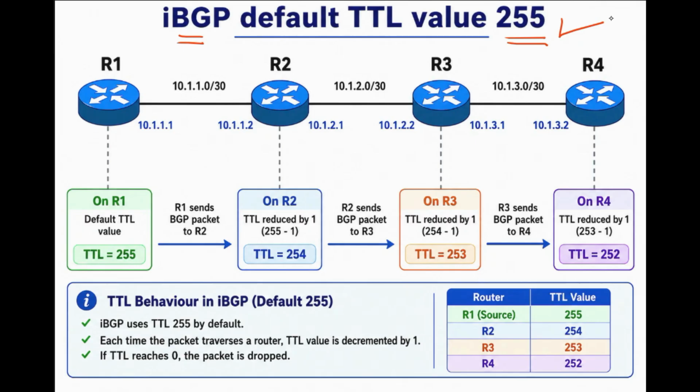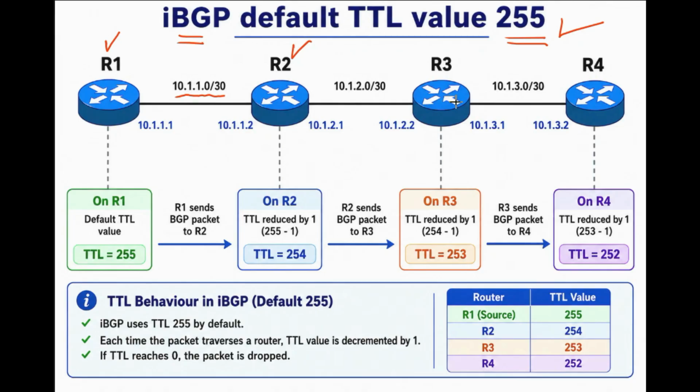So let's get started. Let's first understand our topology. We have 4 routers connected back to back. Router R1 is connected to router R2 using the subnet 10.1.1.0/30.